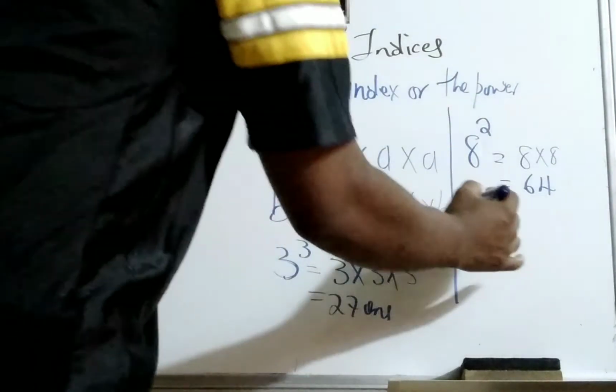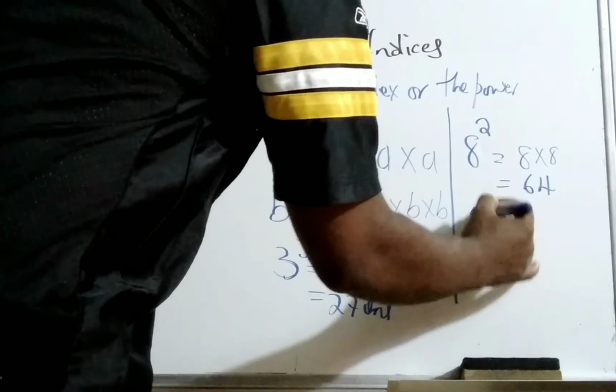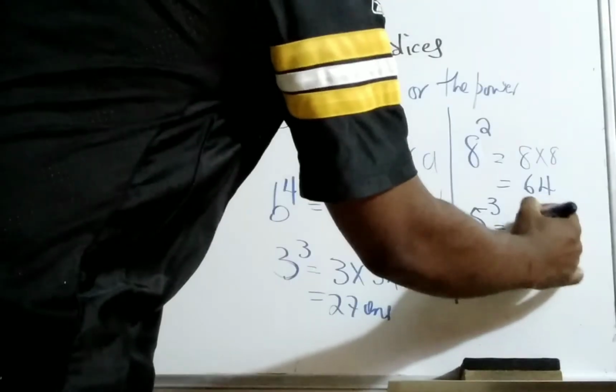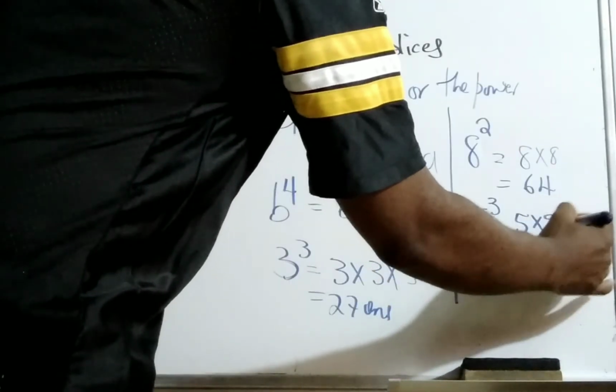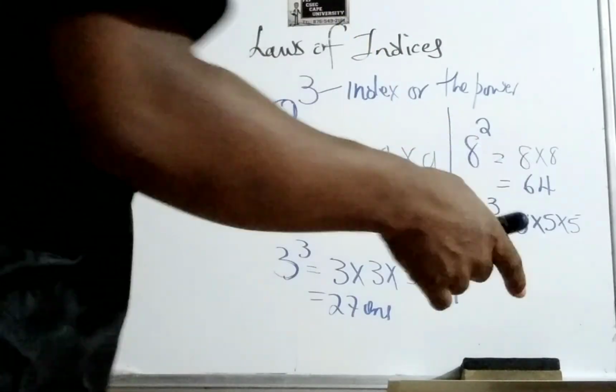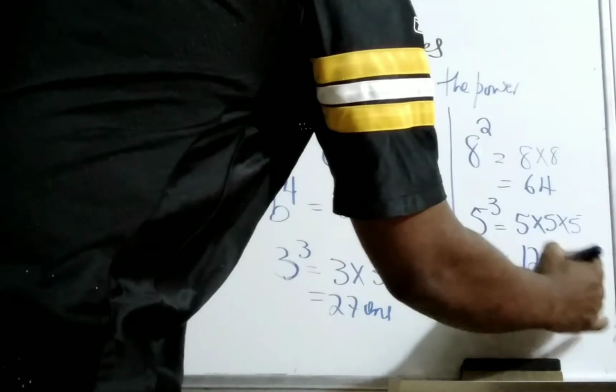And if we have, say, 5 raised to the 3rd power, it would be 5 times 5 times 5. Now 5 times 5 is 25 and 5 times 25 is 125.